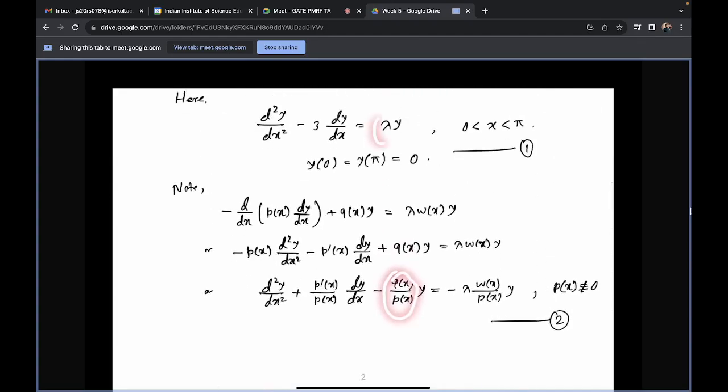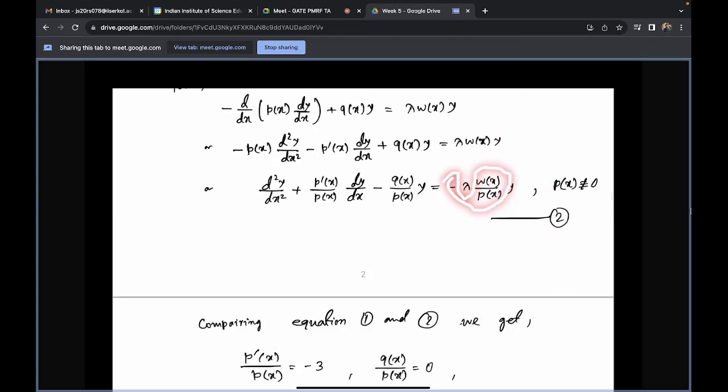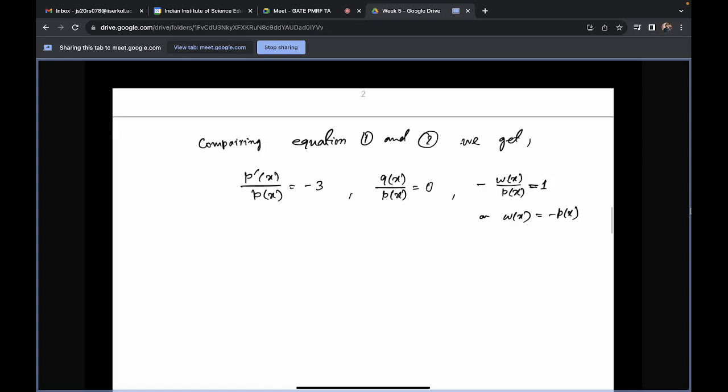And the coefficient for lambda: here it is lambda y, there it is minus w(x) by p(x). So the third one gives minus w(x) by p(x) equals 1, so w(x) equals minus p(x).